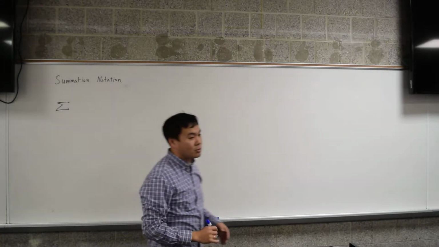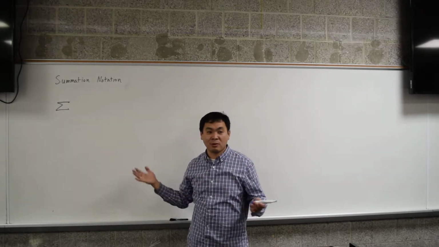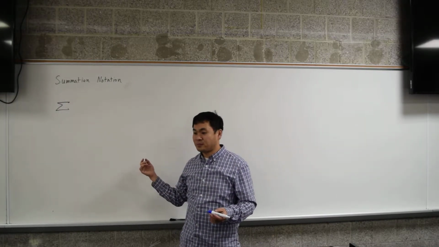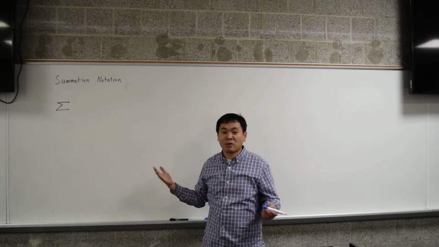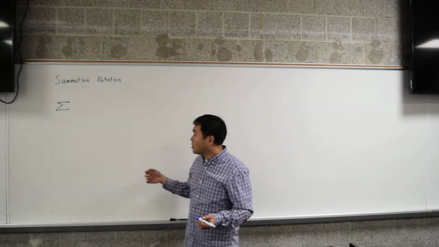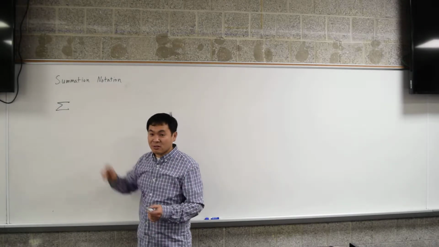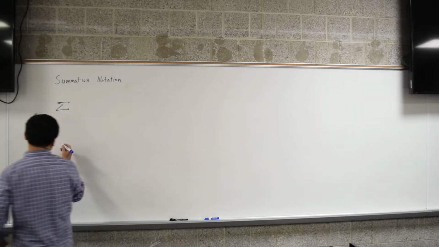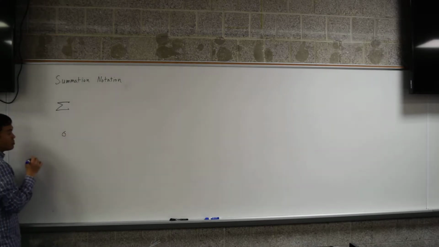There's the Greek alphabet, which corresponds to our alphabet, and a lot of the letters look like the Roman alphabet, but some of them look totally different. For example, the capital S is this. The lowercase s is like that. That's also sigma.